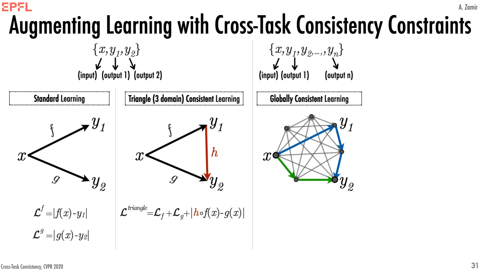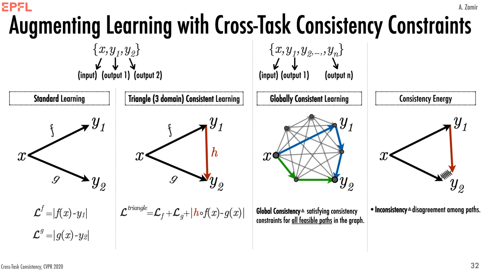And the result of both of them should be the same. Basically, you turn the triangle into longer paths. Then the state of global consistency for a graph, we define as satisfying the consistency constraints for all feasible paths in the graph. And in the paper, we have a tractable training schedule for it, because obviously training for this objective directly is not going to be tractable.